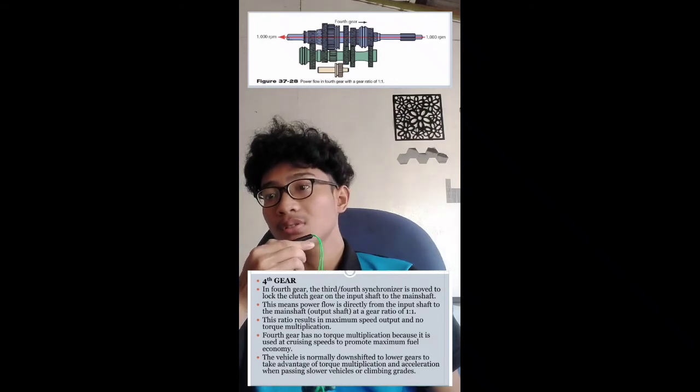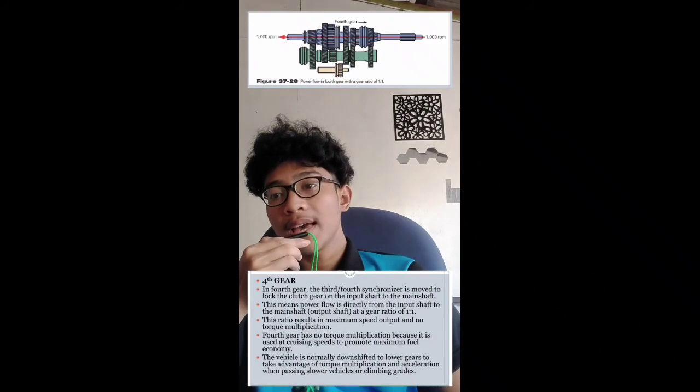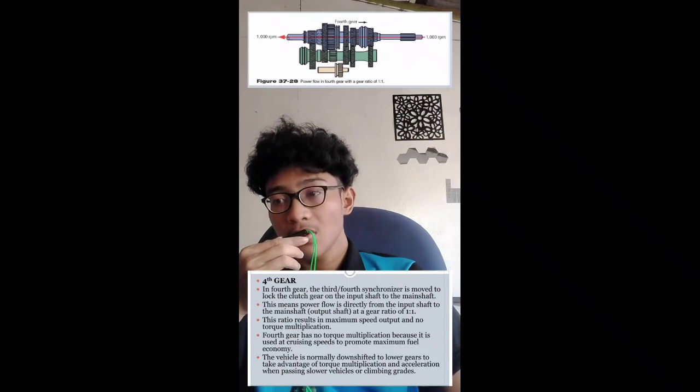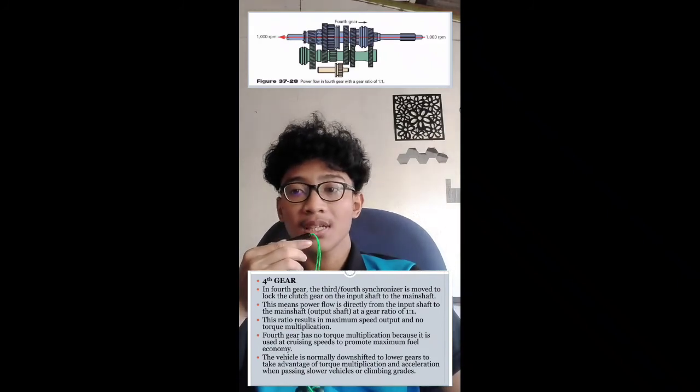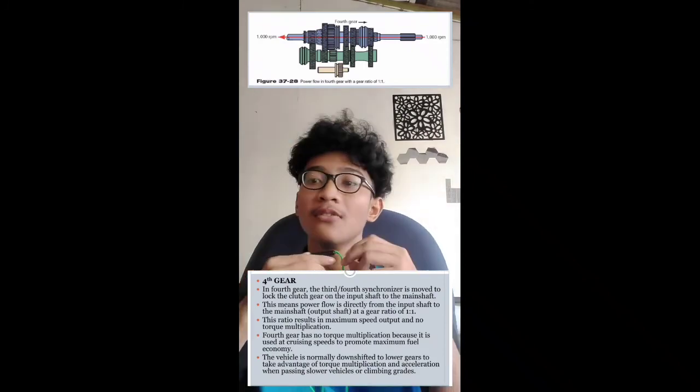Fourth gear has no torque multiplication because it is used at cruising speeds to promote maximum fuel economy. The vehicle is normally downshifted to lower gears to take advantage of torque multiplication and acceleration when passing slower vehicles or climbing grades.